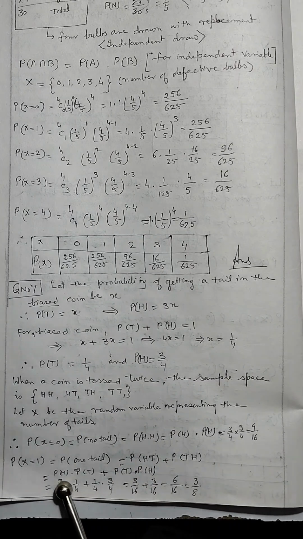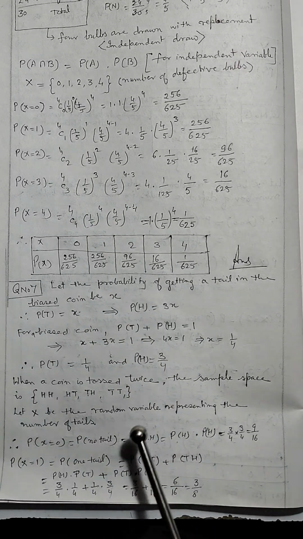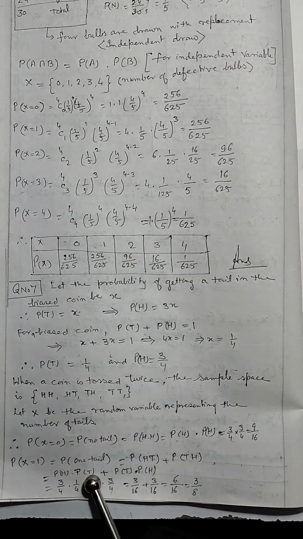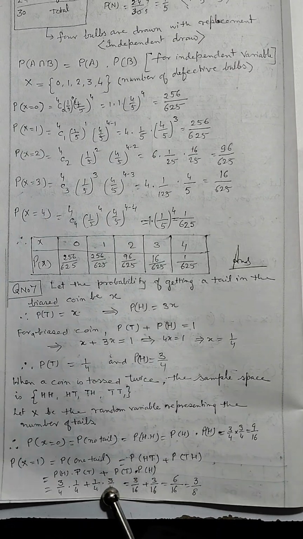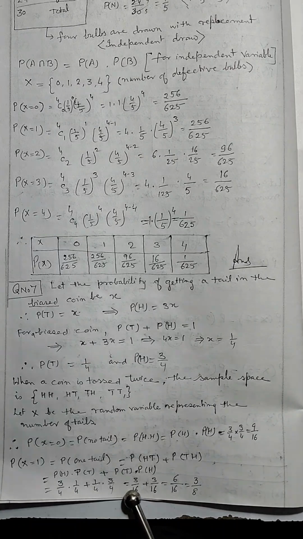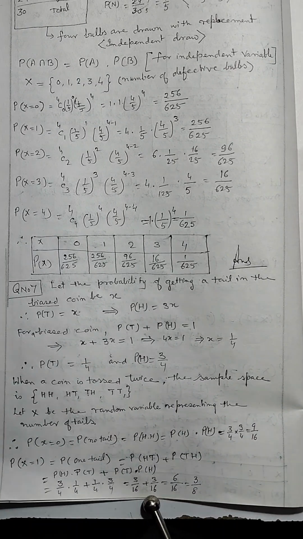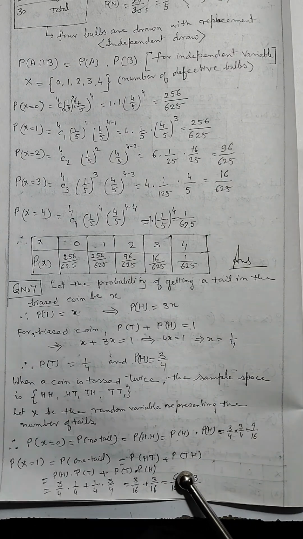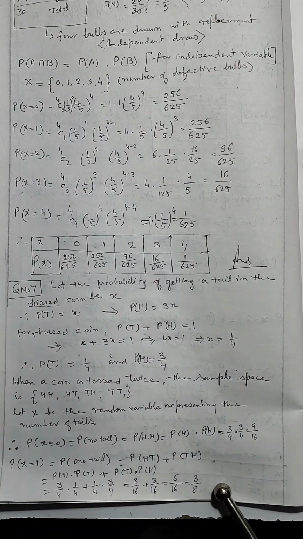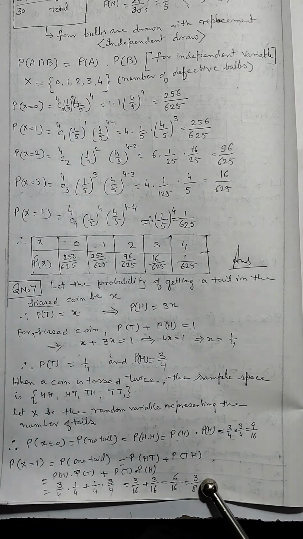Probability of head, as already given, is 3 by 4, so 3 by 4 into 1 by 4 plus 1 by 4 into 3 by 4, ultimately it will be equal to 3 by 16 plus 3 by 16. So it will be 6 by 16 and it is equal to 3 by 8.